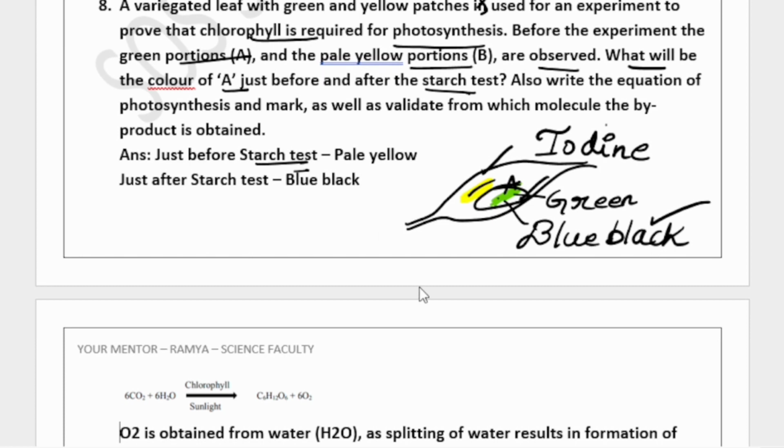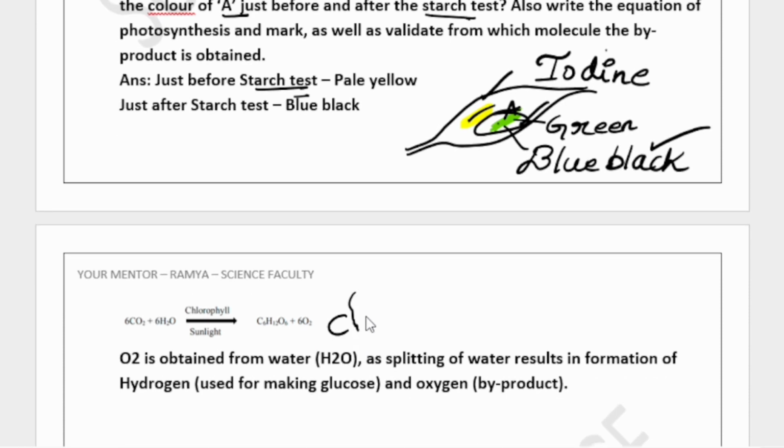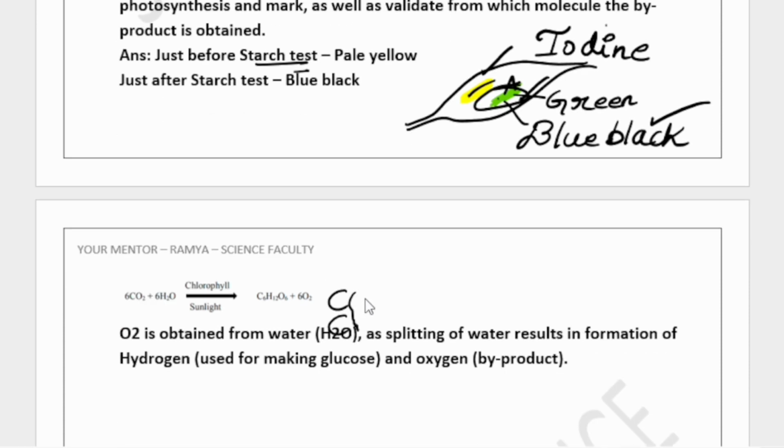See, when I talk about the photosynthesis, you want to know which are the products, or which are the reactants involved in the photosynthesis. For the photosynthesis reaction to happen, we need carbon dioxide and we also need water.